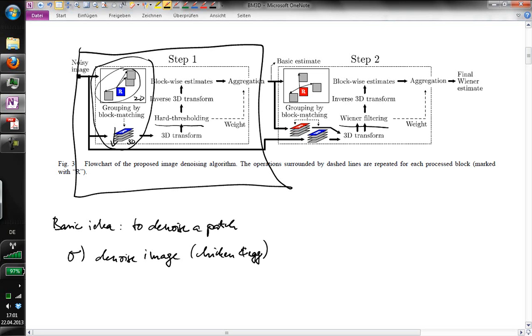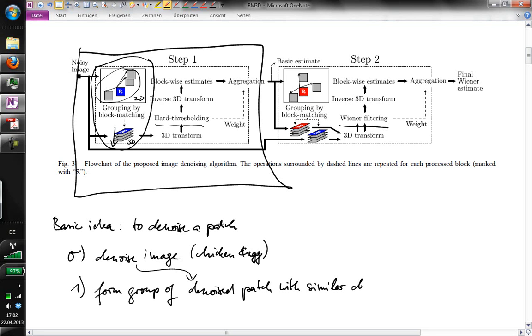But anyway, so we use a cheap algorithm to first denoise the image by just smoothing in an edge-preserving fashion. Then next you form a group of a denoised patch, where denoised is according to the previous step, with similar denoised patches.